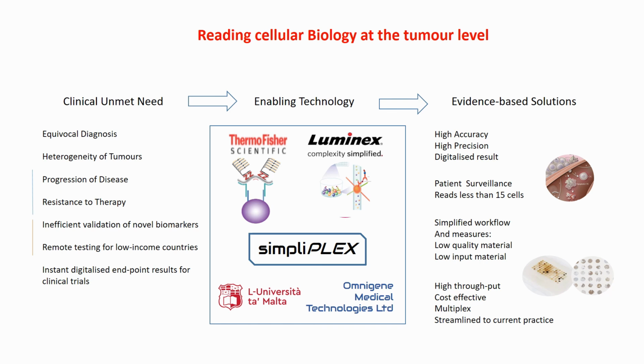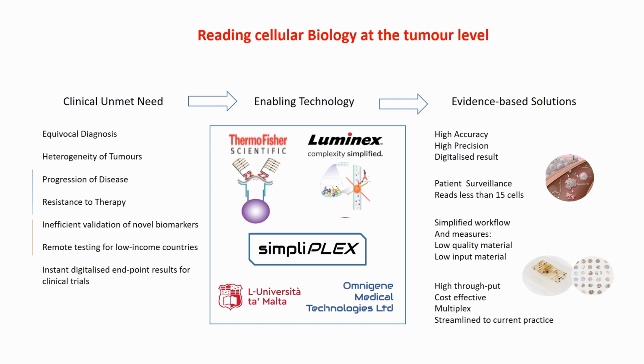So we know that there are various clinical unmet needs, like equivocal diagnosis, heterogeneity of tumors, looking at the dynamics, progression of disease and resistance to therapy. There are also problems to validate novel biomarkers, and therefore multiplexing and these high throughput methods can be used to do that from various sources.